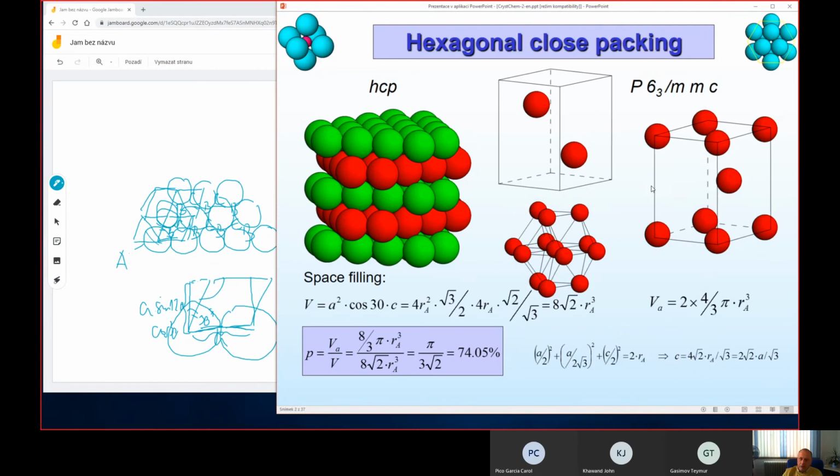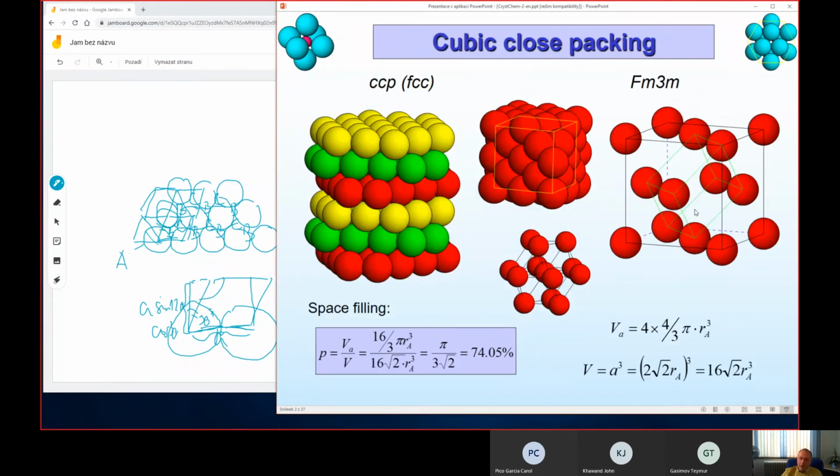In hexagonal close packing, which is referred to as HCP, we had 2 atoms per hexagonal unit cell, but here we have 4 atoms per cubic unit cell, because each corner contributes by 1/8.